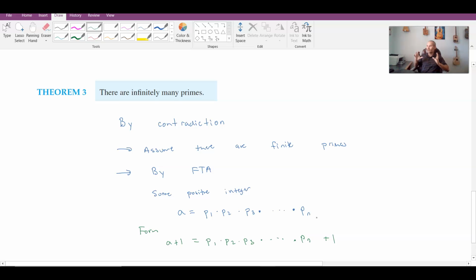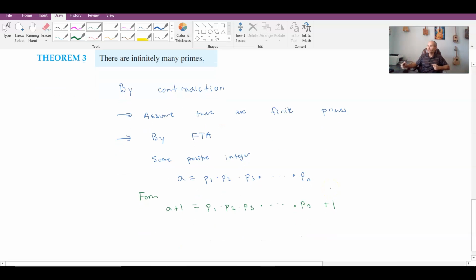So herein lies the contradiction, because if every number can be factored into a product of primes, and here we're saying that there are n primes in total, then by increasing this number by 1, notice that this new number here is not divisible by p1, p2, or pn.